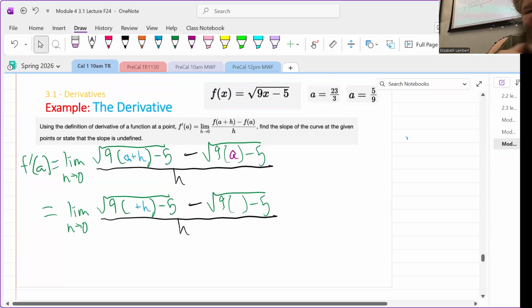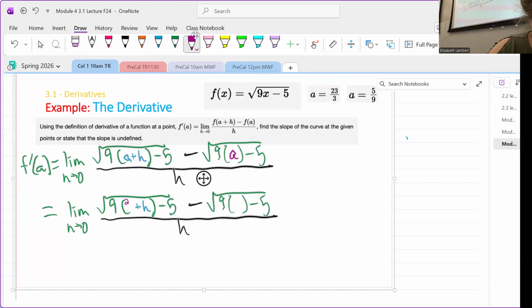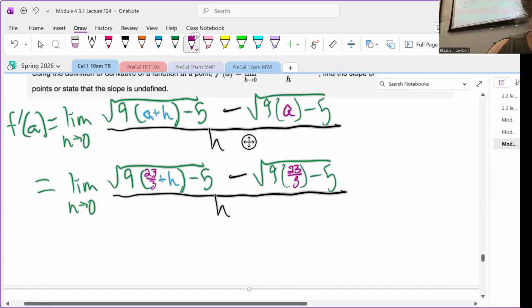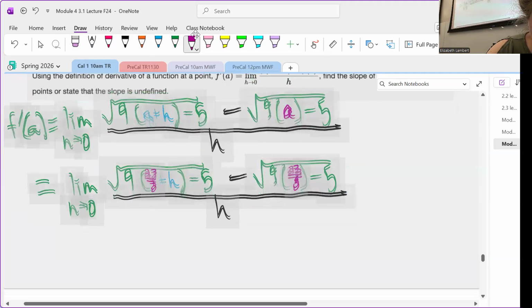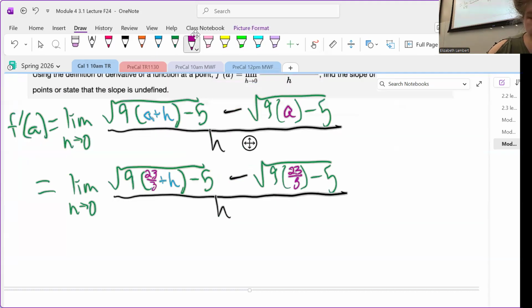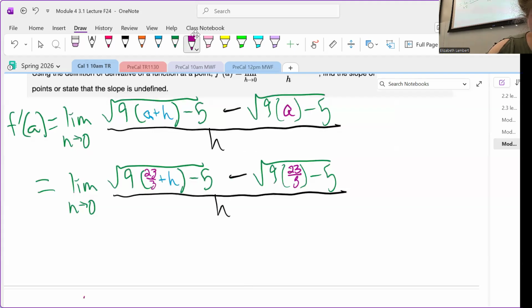So the first value they asked us to work with was 23/3. So over on the right here, we got to figure out what 9 times 23/3 minus 5 is.